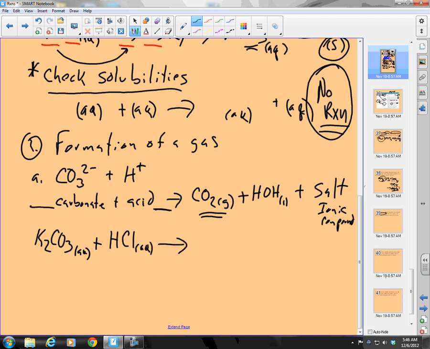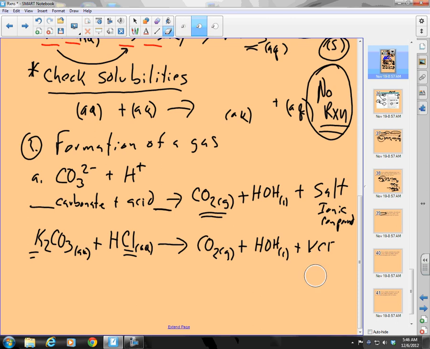What's going to happen? I'm going to form carbon dioxide, CO2 gas, plus HOH liquid, and plus my salt. Now, what's my salt? My salt's going to form between Cl and K. Well, K is a +1, Cl is a -1. So how many of each do I need? 1 and 1.